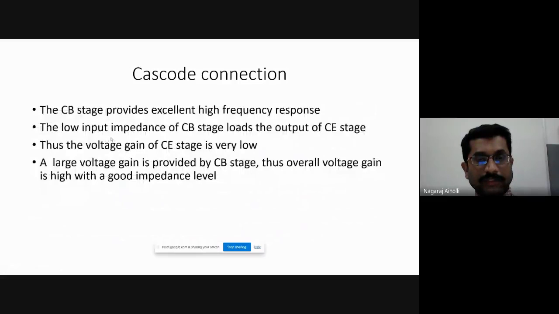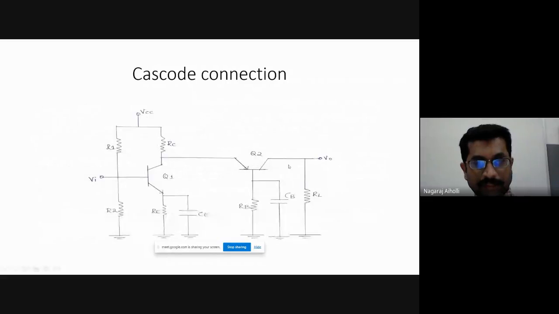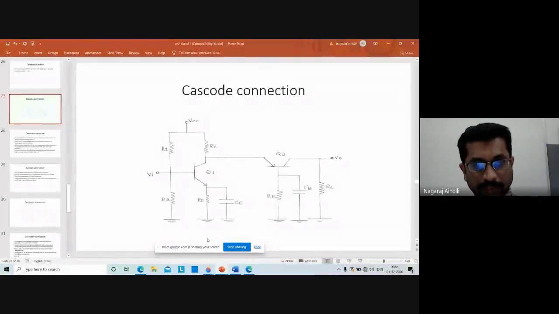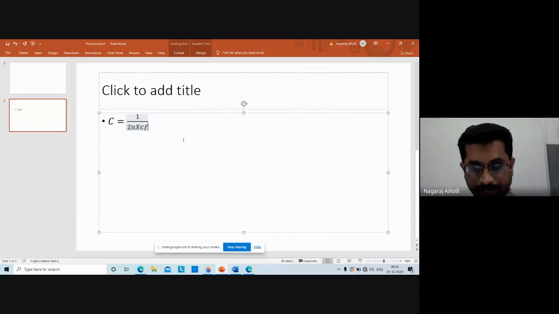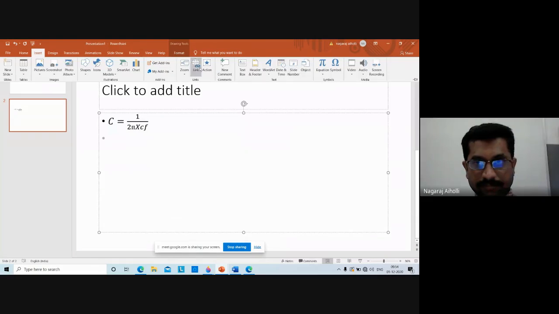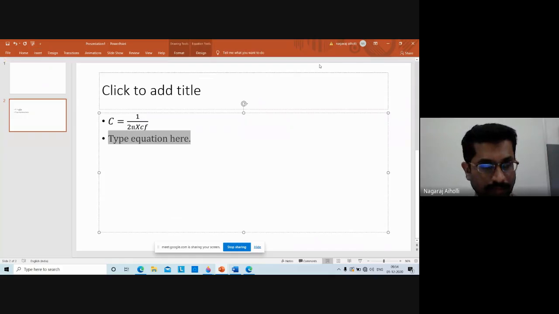Voltage gain of the common emitter stage is less. The voltage gain provided by the common emitter stage is less, whereas the voltage gain provided by the common base stage is high. Suppose the voltage gain of the common emitter amplifier is AV1.